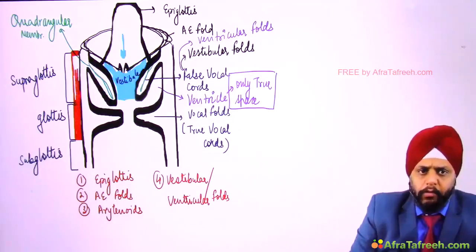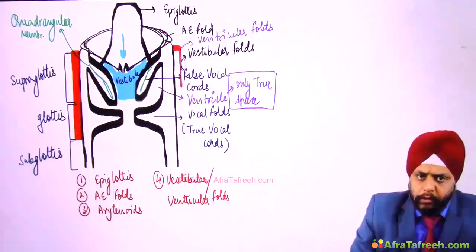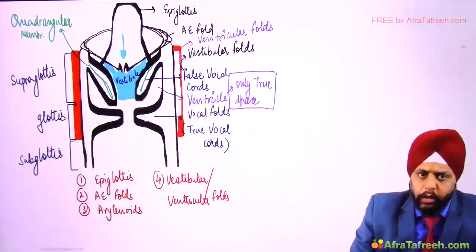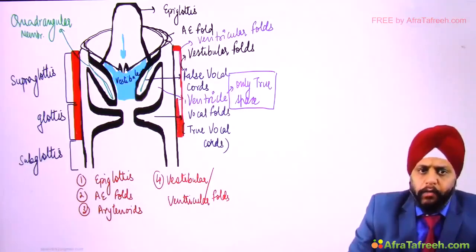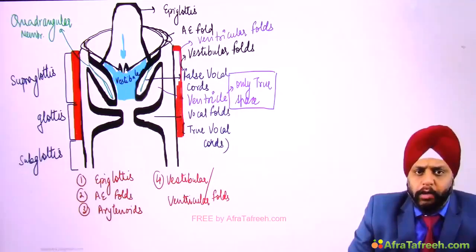So this is my thyroid cartilage covering on the three sides. Remember, this cartilage is a hyaline cartilage, so it will ossify with old age. And you can see it is covering both the supraglottis and the glottis.